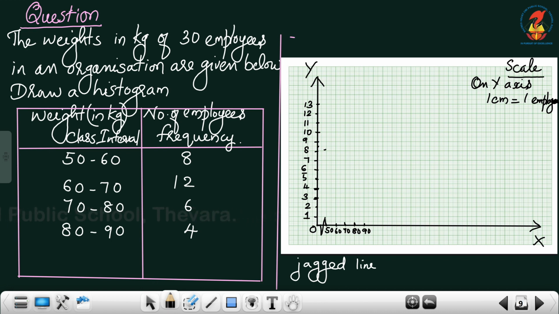Now 50 to 60 is given as 8. Next, 60 to 70, 12.